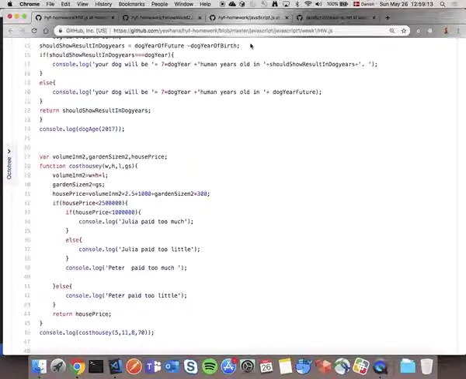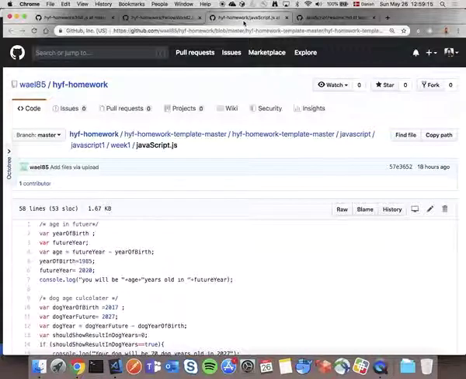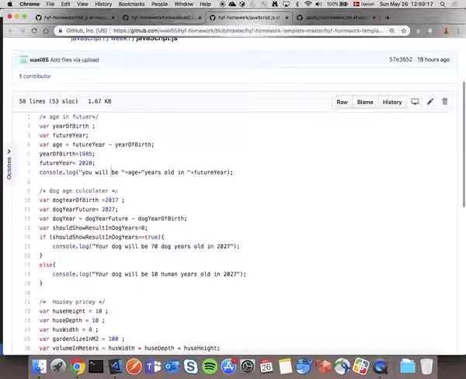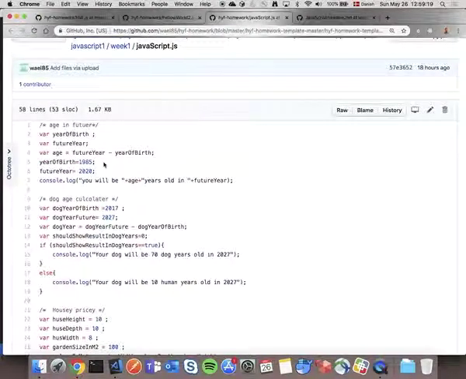One note that I remembered that I saw here: you define the values after the age, so they should actually be above.